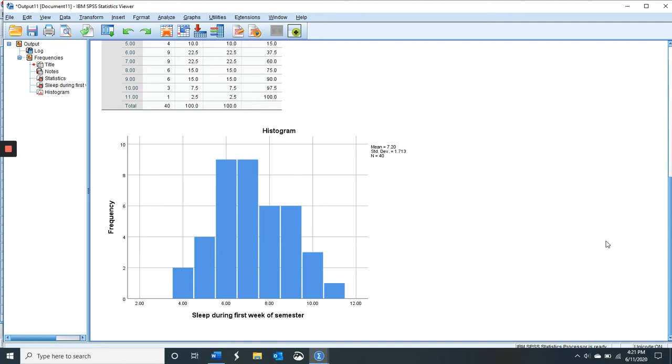And so given that your standard deviation might get inflated, might become bigger for skewed distributions, the IQR is the best choice.